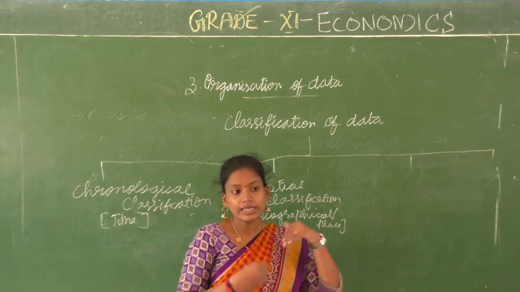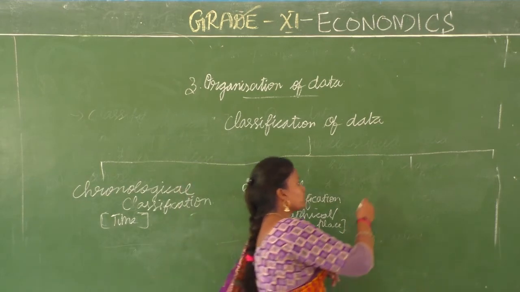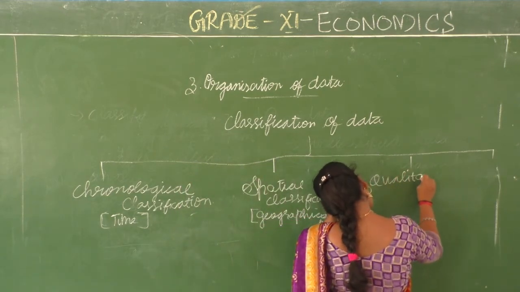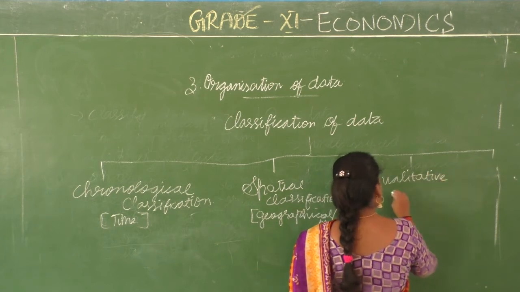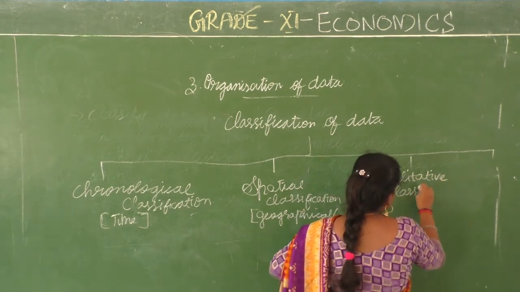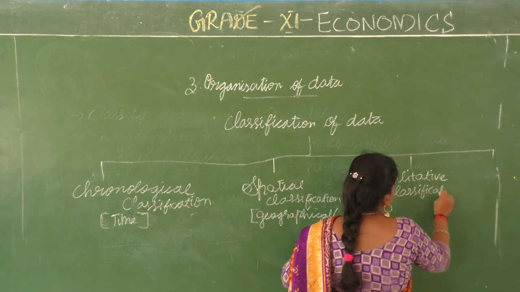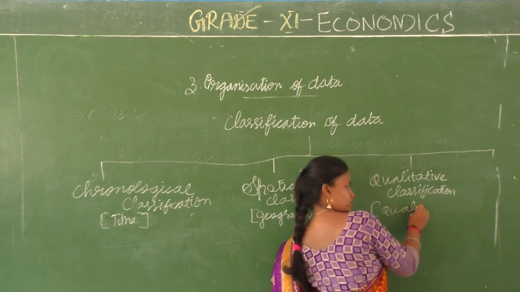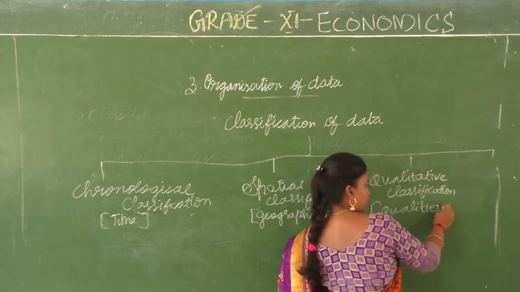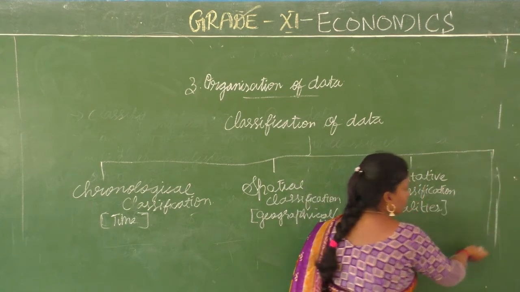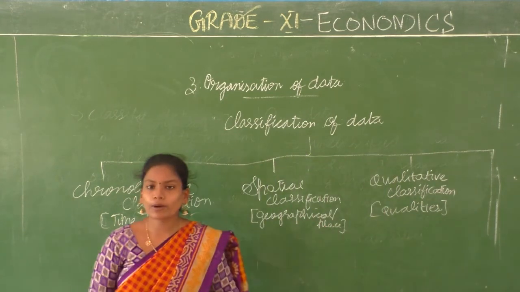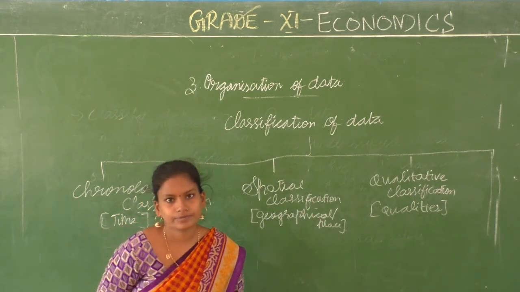Alright, children. The next kind of classification is called qualitative classification. Qualitative, as the name says, when you do the classification based on some qualities, it is called qualitative classification. For example, gender is a quality, right?